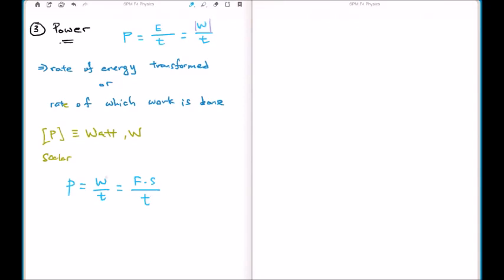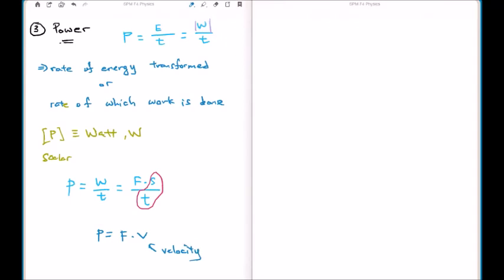Work is force dot displacement. What happens when you have the rate of change of displacement? Your equation will turn out to be P equals F times V. This is velocity, the rate of change of displacement.